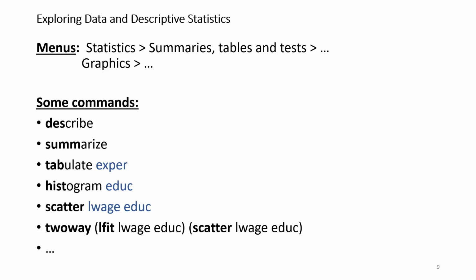And the idea is that if you go by menus, you're going to reach options like these that you see in this slide. You can tabulate your data, you can do histograms or plots. Let's see that in the next few slides.